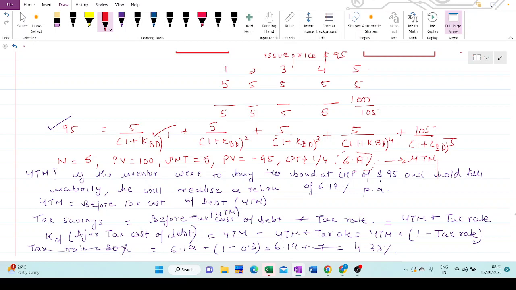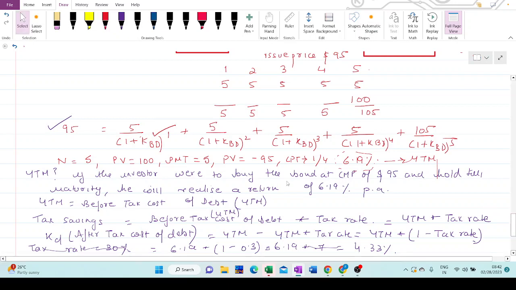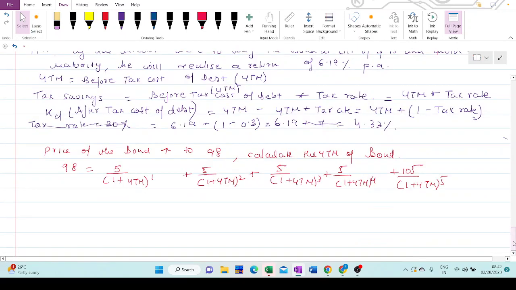So in your financial calculators, just replace PV from minus 95 to minus 98. How much do you get? Please tell me. 5.46. So my I by Y or my YTM or my before tax cost of debt has reduced from 6.19 to 5.46.